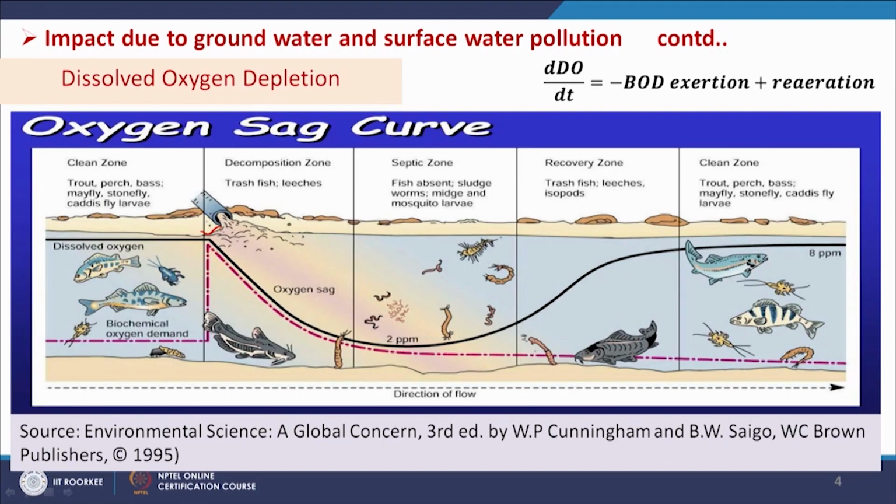How? Because it will have more BOD and COD than the upstream water.